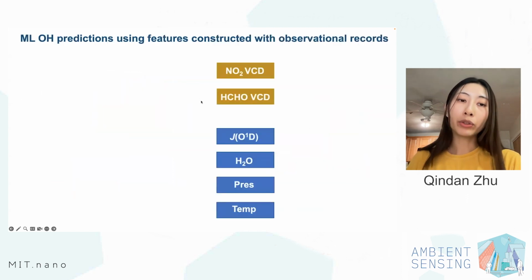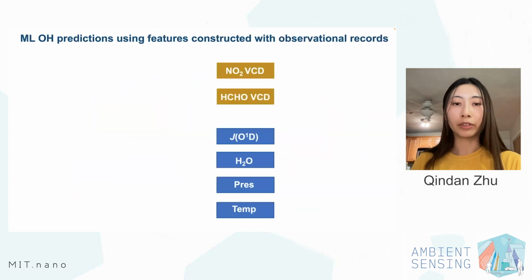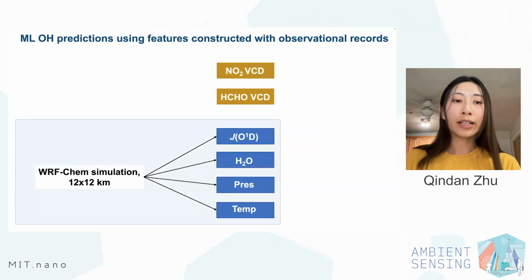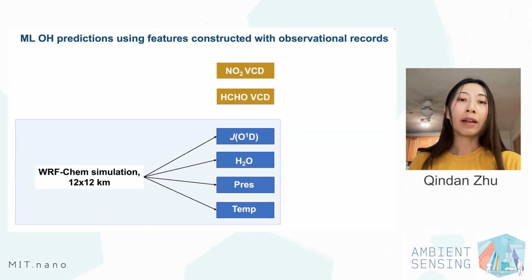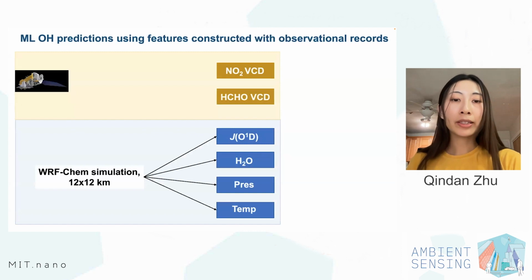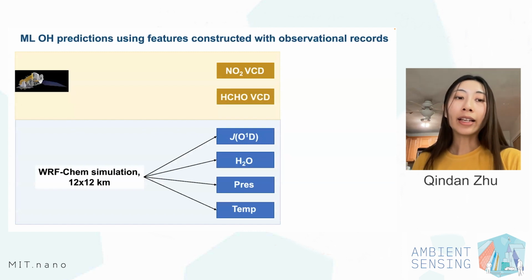I then was able to construct the features from the observations. For the features listed at the bottom, I still use the outputs from my model simulations because in my model setup, water vapor, temperature, and pressure from the observations are not available every 3 hours, so the model simulations should closely track the observations. For the remaining 2 column features, I can get them from the satellite observations.